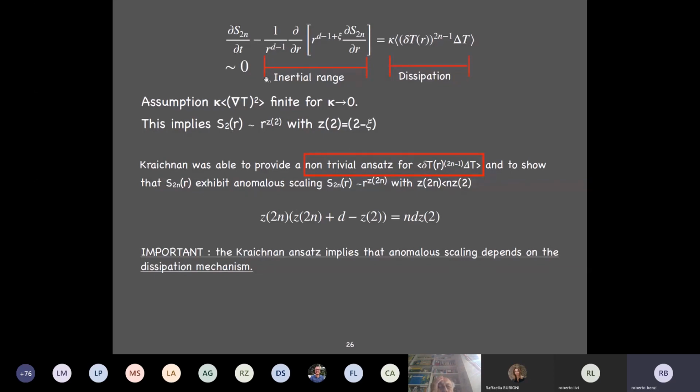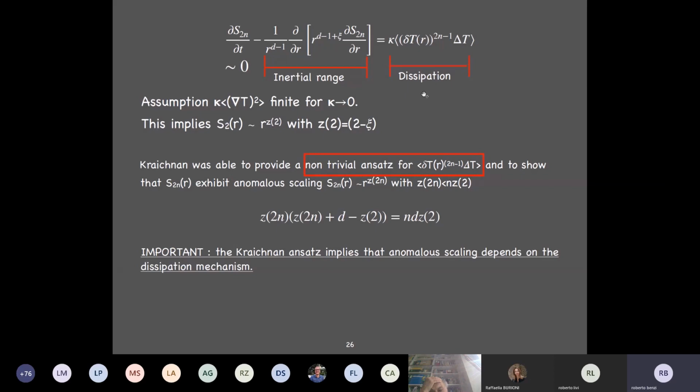The breakthrough of Kraichnan was to show that, in fact, if you make a reasonable ansatz on this quantity, which is a delicate ansatz, but nevertheless they show that it was a possible answer. In other words, it doesn't violate any realizability condition.